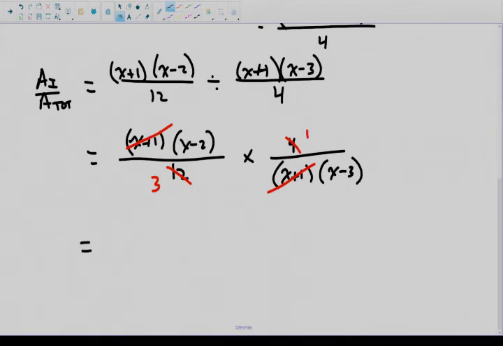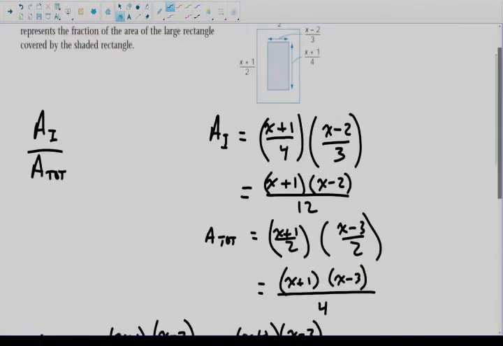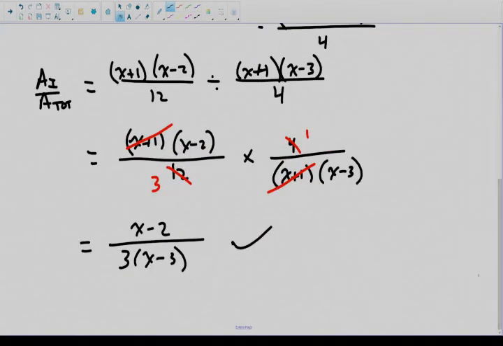So what do we have left? We have 1 times x minus 2, which is x minus 2, all divided by 3 times x minus 3, and that is our simplified expression for that ratio. I'm pretty sure that's the end of that question. It is.